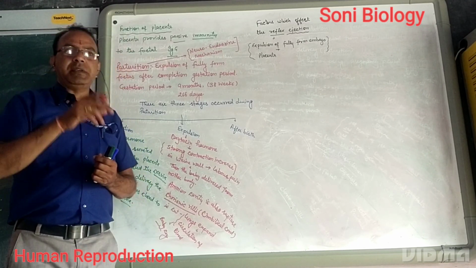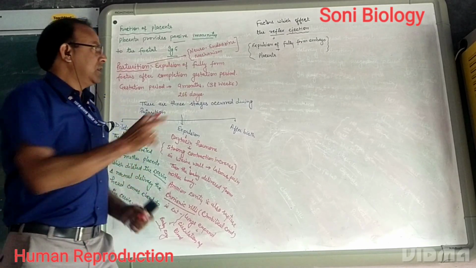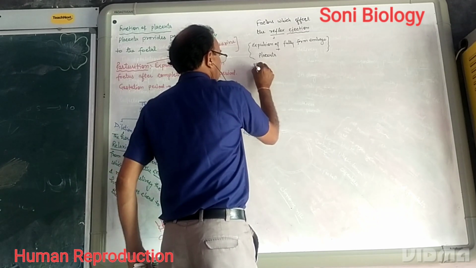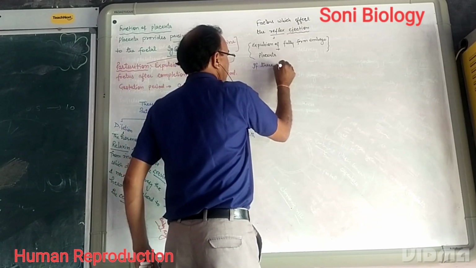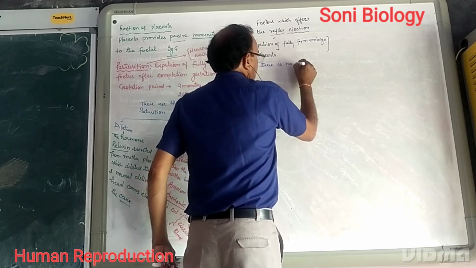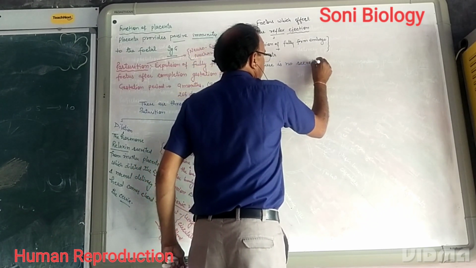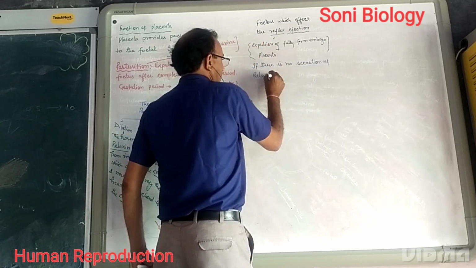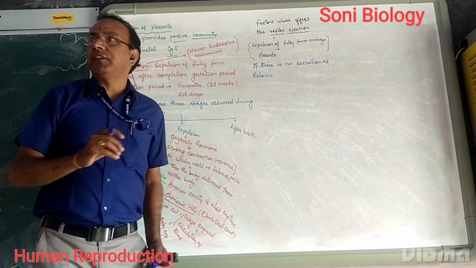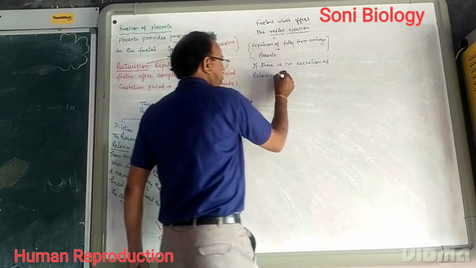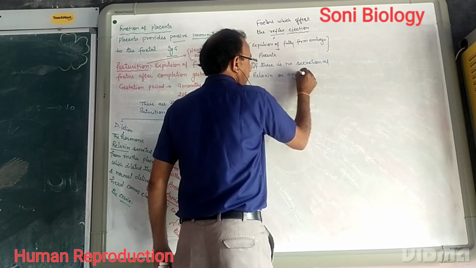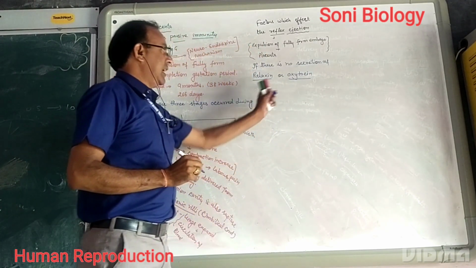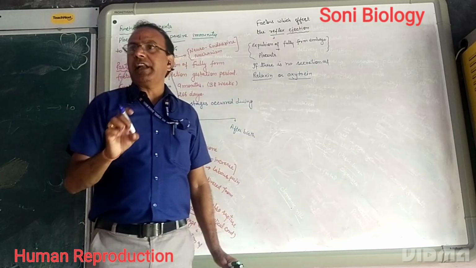Relaxin helps in dilation of the cervix, and oxytocin helps in contraction of the uterine wall.